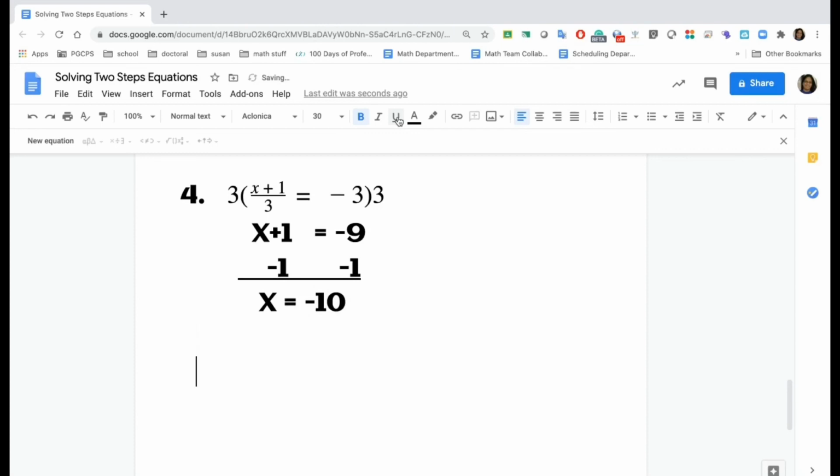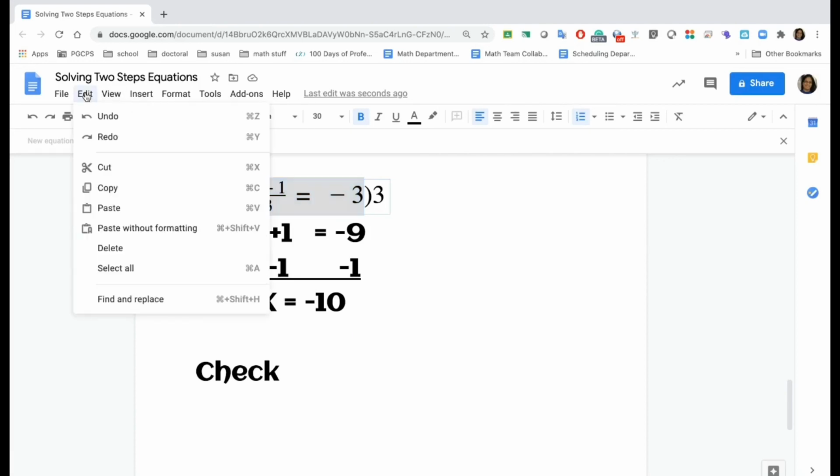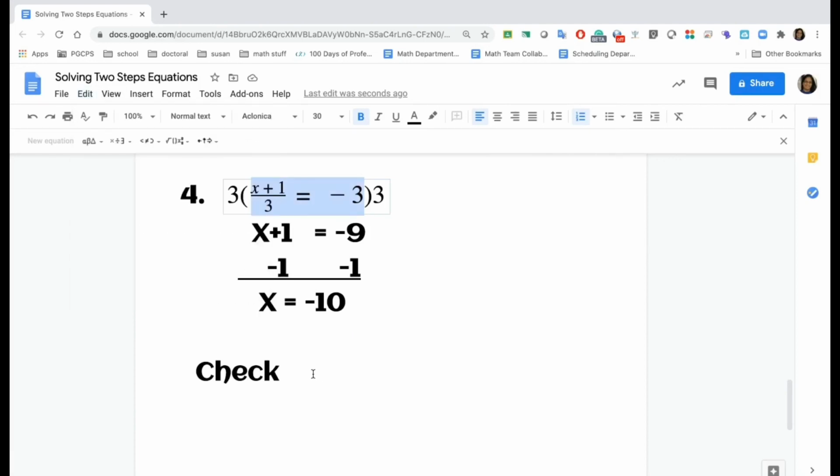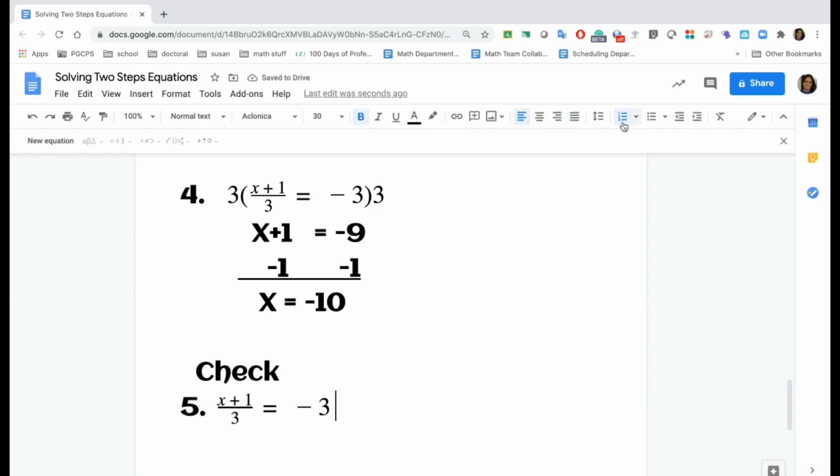And again, we need to check if our answer is correct. Substitute x by negative 10. Copy the equation and we'll replace x by negative 10.